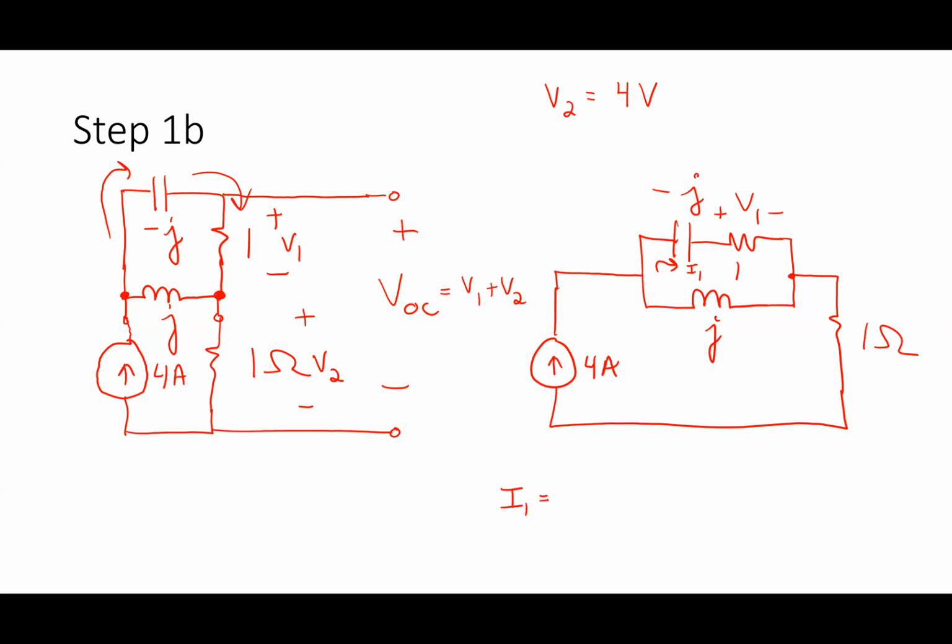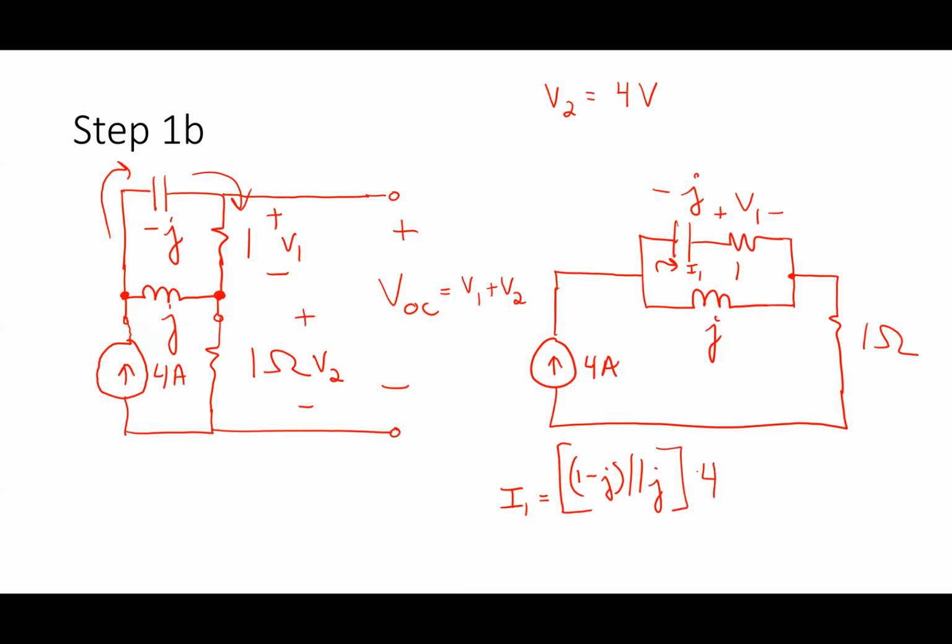I know the current going into a parallel combination of things, right? So the voltage across that parallel combination is 1 ohm minus J in parallel with J, times 4 amps.